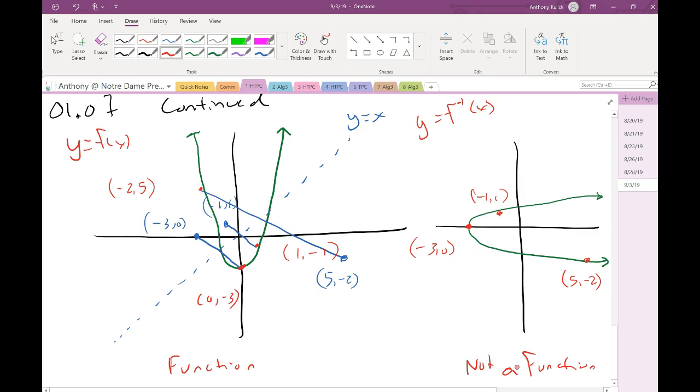Was there a way that I could have looked at my f of x here and known before I even found the inverse whether that inverse would be a function or not? What two criteria does f of x need to have in order for its inverse to be a function? Sophie?